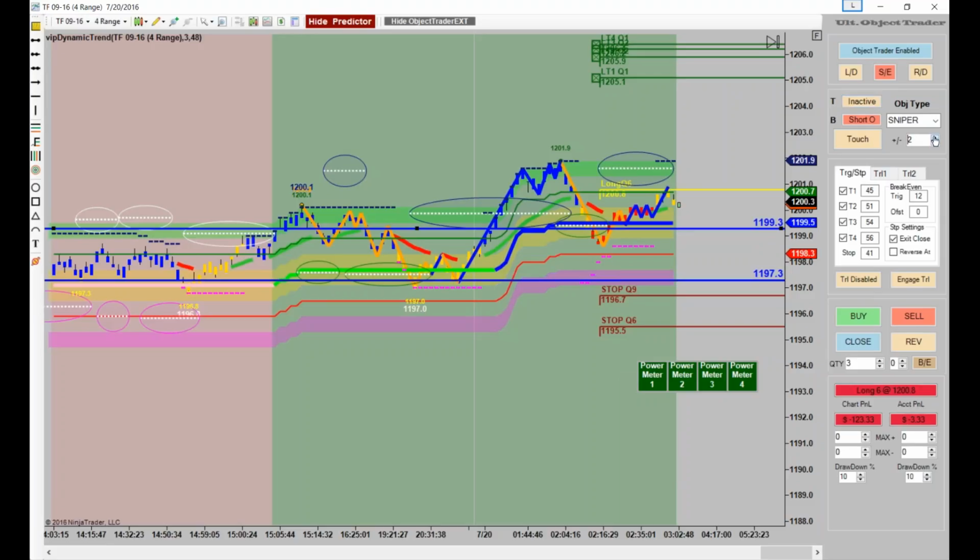Something like this. Touches below my swing. Go ahead and take, say, 5 off if I wanted to even. And then activate my Sniper by turning that on. And that would short 5 contracts, which would mean I would be in only 1 left. So you can take them off like that.